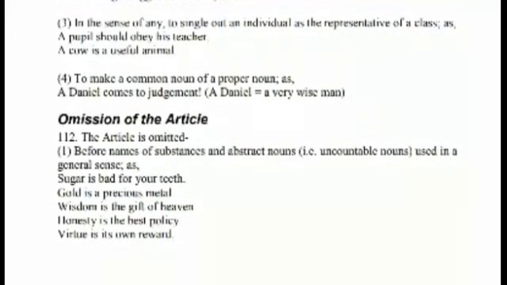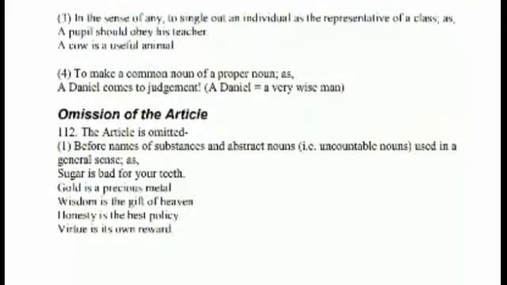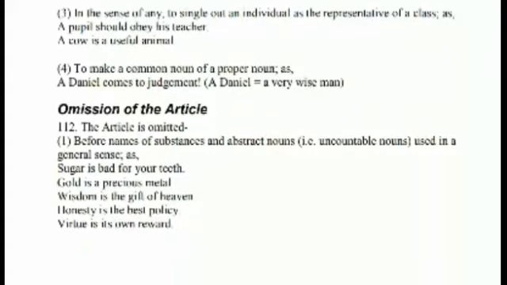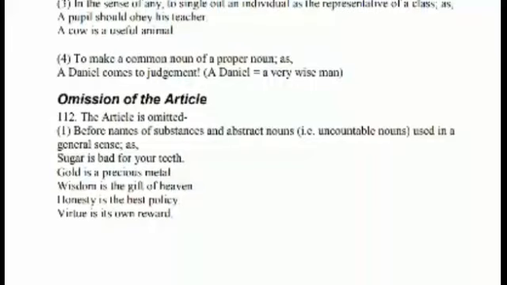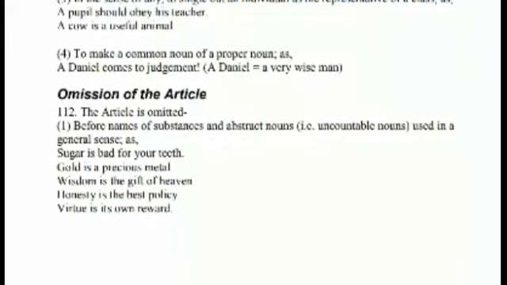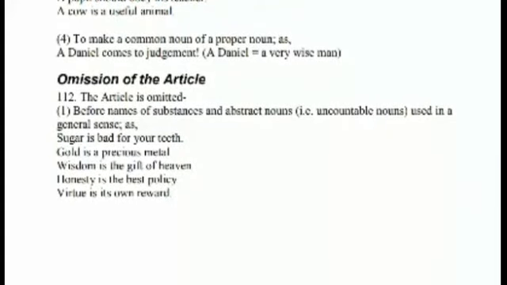Next, omission of the article. Omission means sometimes we won't write an article before the words. The article is omitted in which cases? Let us see the first case, before names of substances and abstract nouns, that is uncountable nouns used in a general sense.